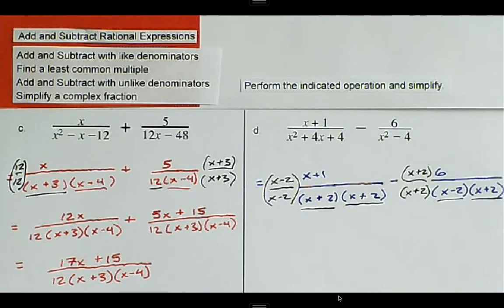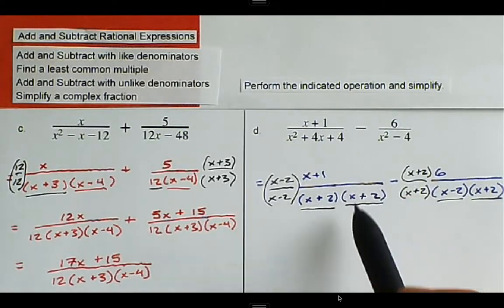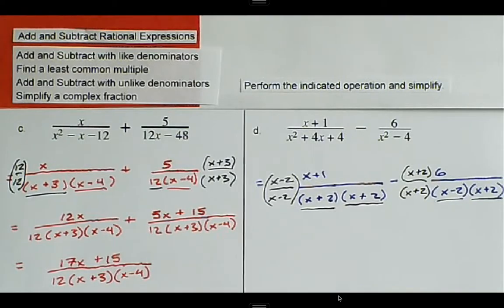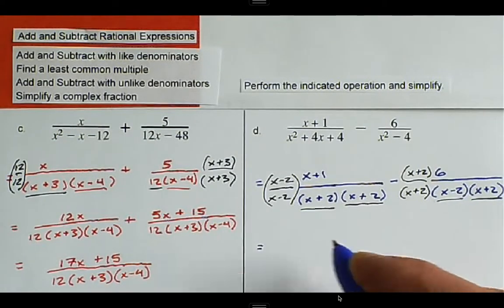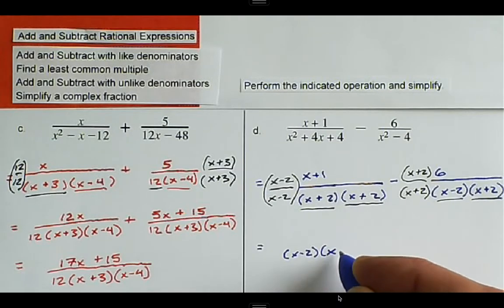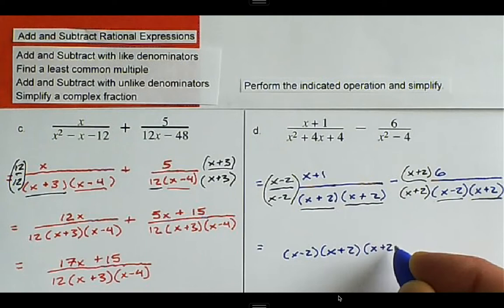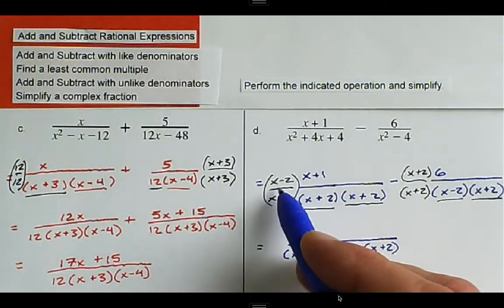And then we can go ahead and do that math. We can finally multiply this to see what we have. And the denominator is going to stay the same. We're going to leave that as x minus 2, x plus 2, x plus 2. And in the numerator, we're going to have to distribute this.